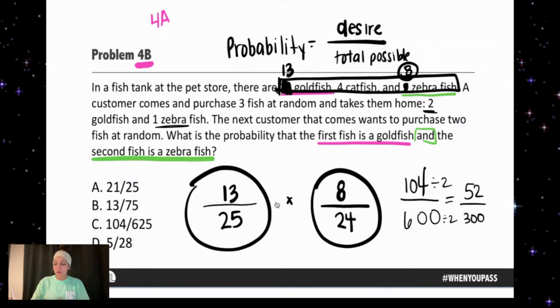Those can both be divided by 2 as well. 52 divided by 2 is 26. 300 divided by 2 is 150. And those can both be divided by 2 as well. 13 over 75. So my answer is B.